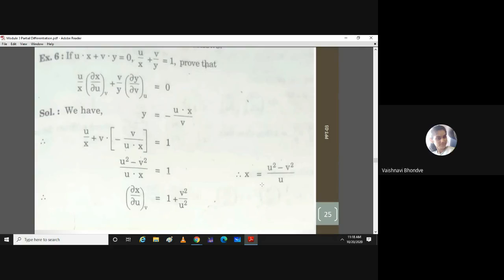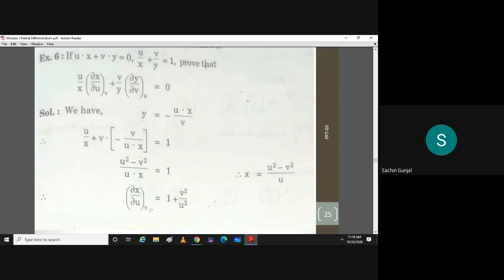Is this relation clear? Yes, sir. So differentiate x with respect to u treating v constant.